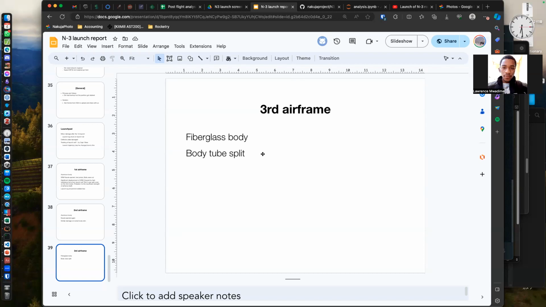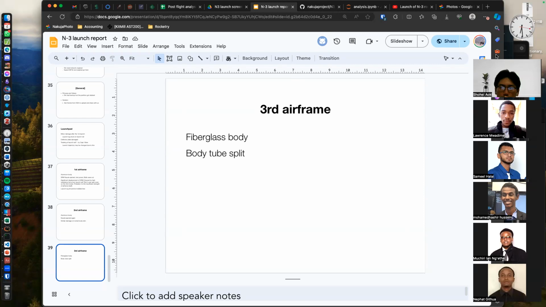So for this one, I did not pick up much, because at this point there was sort of a pattern to the launches: the launch starts well, and then there's an explosion. For that, I think maybe we need to rethink the material, because if it was aluminum, we'd just have a dent or maybe a single tear.